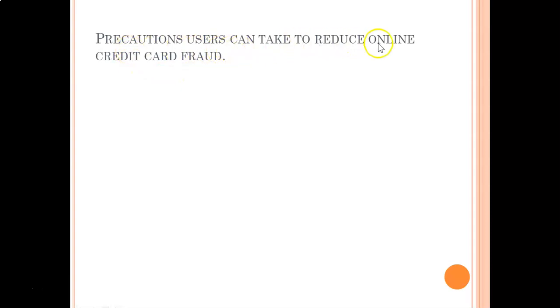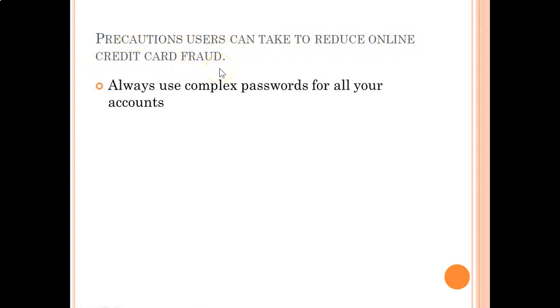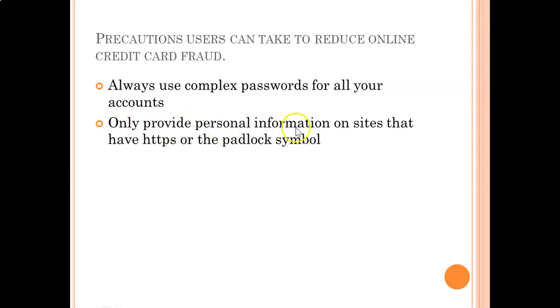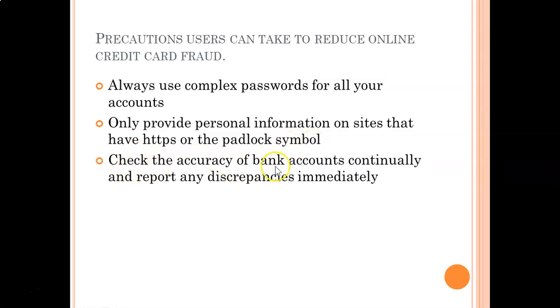What precautions can users take to reduce online credit card fraud? Always use complex passwords for all your accounts. Only provide personal information on sites that have HTTPS in the URL or the padlock symbol in the address bar. Remember, these two visual signs tell you that the site is secure. Check the accuracy of bank accounts continually and report any discrepancies immediately.